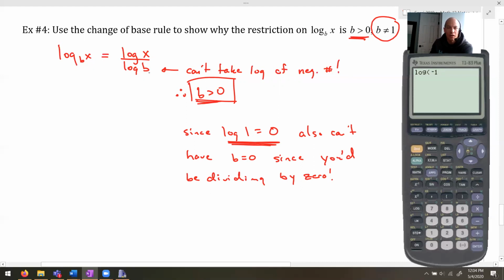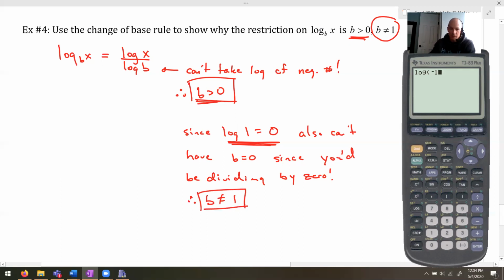So if b was 1, log of 1 is 0, and the denominator would be equal to 0, and you'd be dividing by 0. So therefore, you'd also say b cannot be equal to 1.